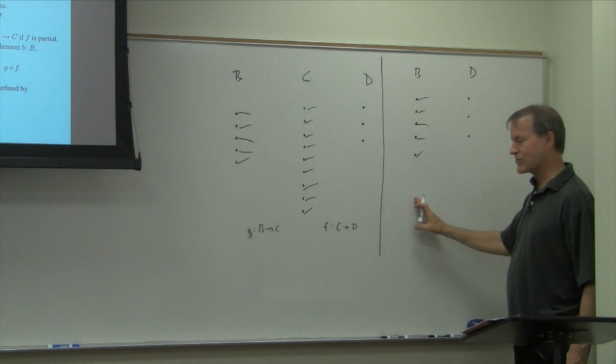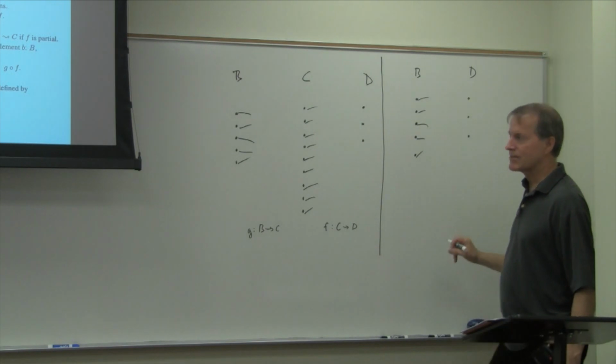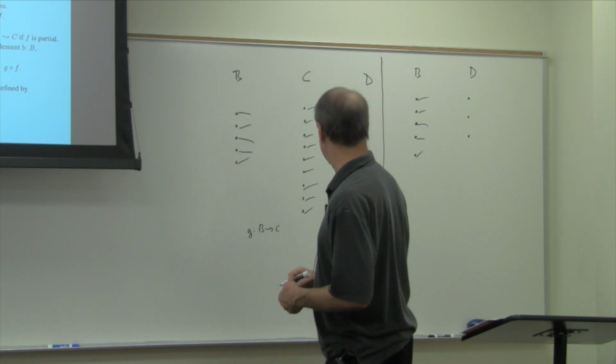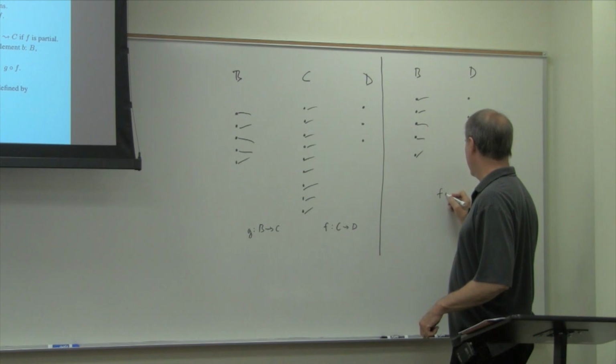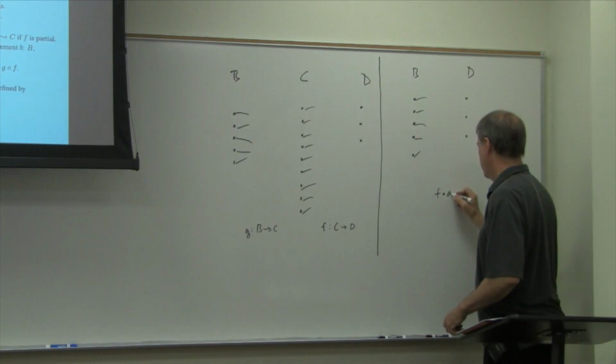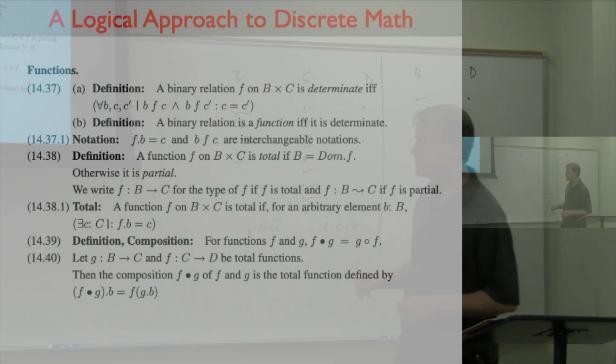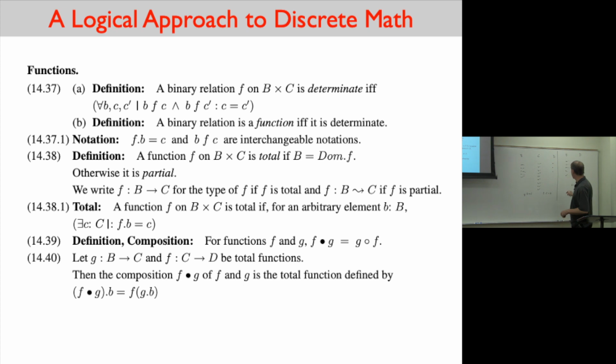The composition of those functions is a single function from B to D. See, so what we're saying is that F composed G, like this, okay? And what this theorem is saying is that F composed G of B, where little b is one of these, you can think of that as being one function from B to D. And it's equal to F of G of B. Now, the proof of that theorem is the second homework assignment.